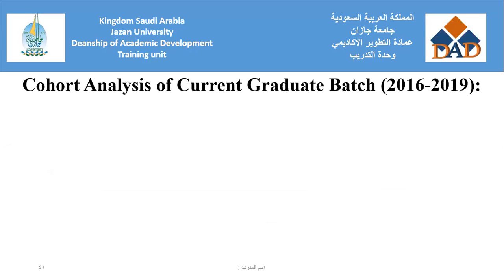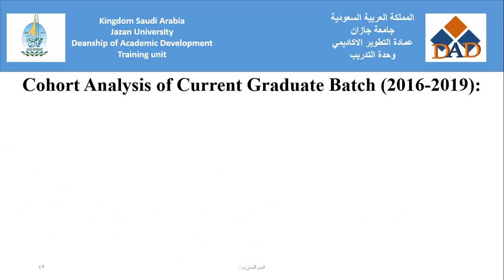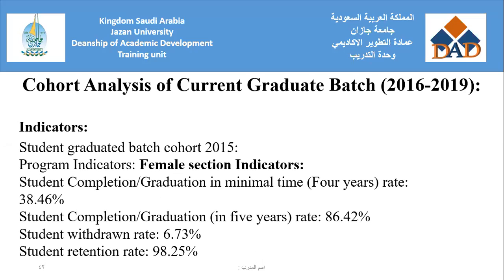And these are the indicators for the student graduated batch section-wise in 2015, male section. And these are the indicators for the 2015 graduated batch for the female section. Section-wise we have computed.